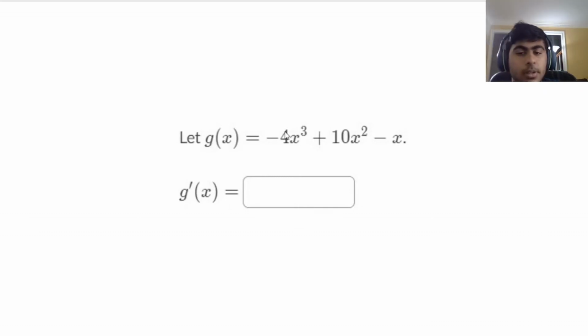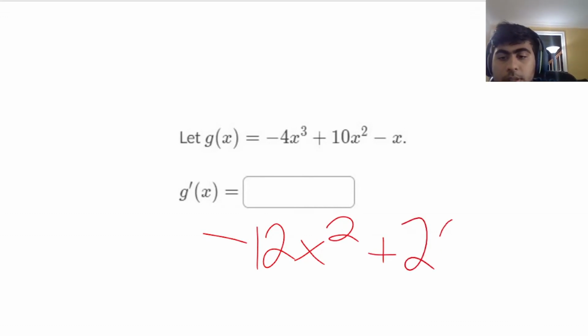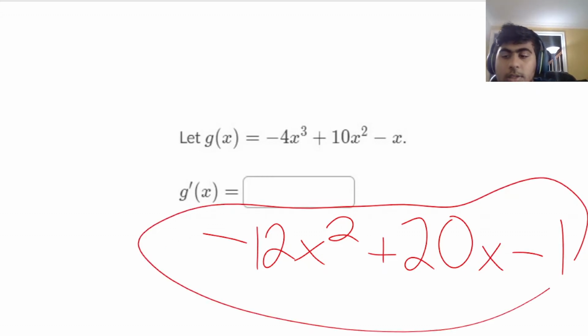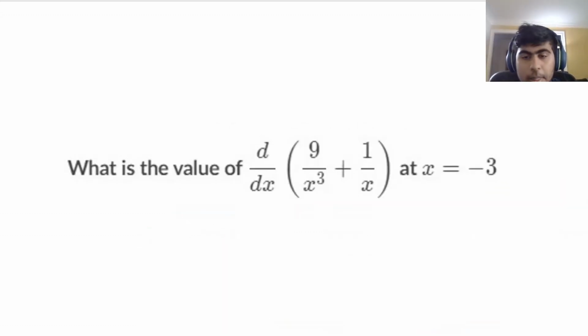So we're just going to split it up into parts, take the derivative, nothing too complicated about it, and that is our answer.